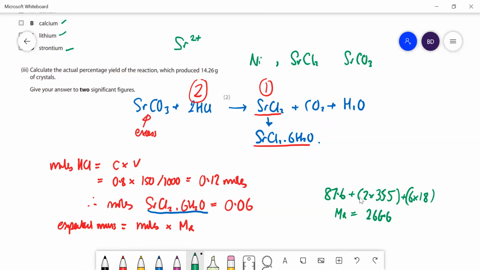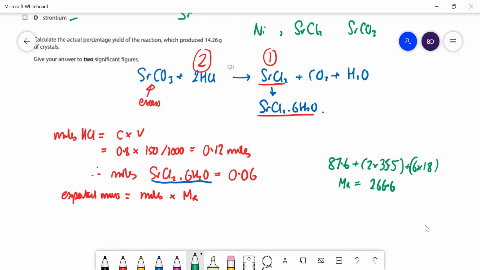So the expected mass of the hydrated strontium chloride is going to be 0.06 multiplied by the MR, 266.6. That gives us 15.99 grams. But what did we actually get? We didn't get 15.99 grams, we got 14.26 grams up there.